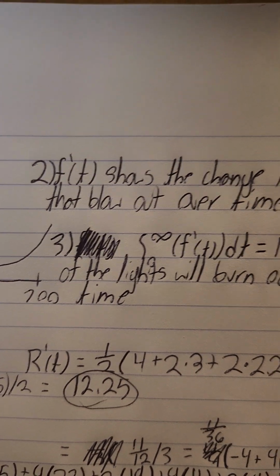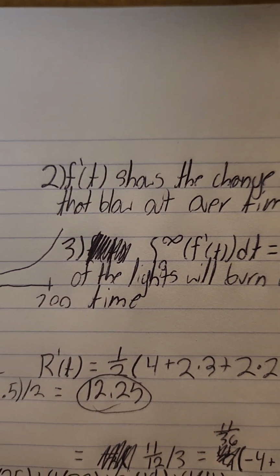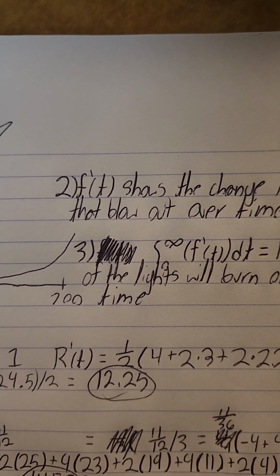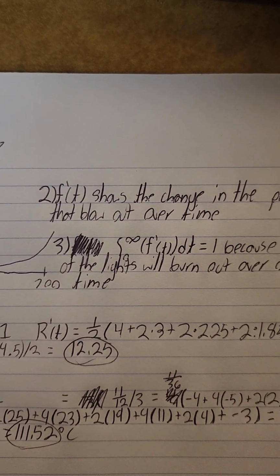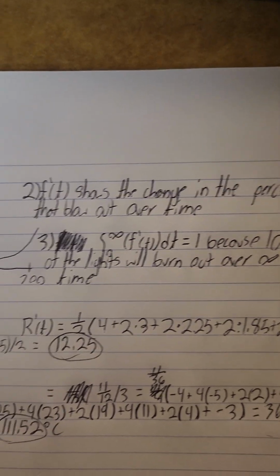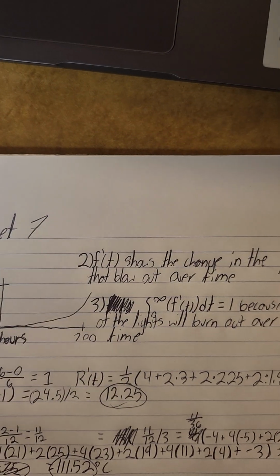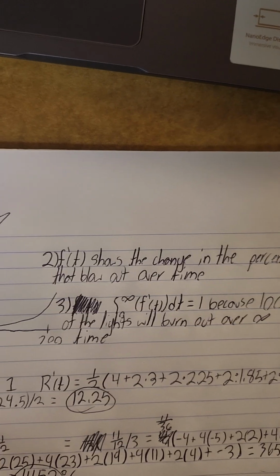Question 2 asks, what is the meaning of the derivative R(t) equals f prime of t? I just kept the f prime of t for both of my answers to make it easier. But f prime of t shows the change in the percent that blow out over time.